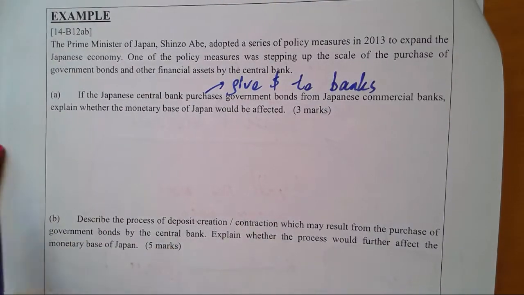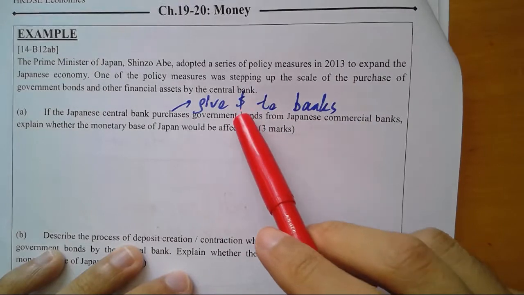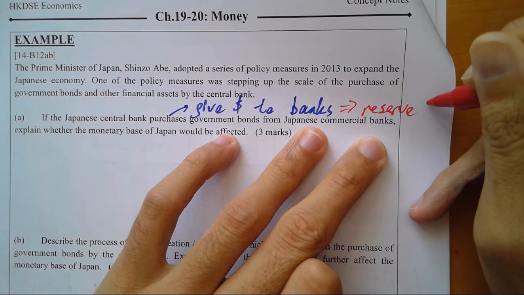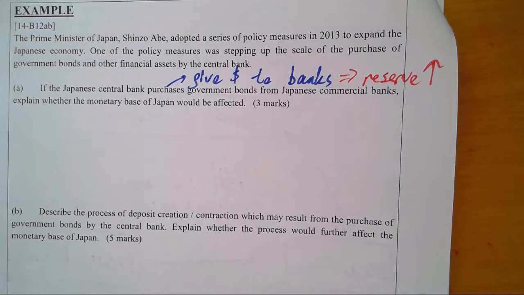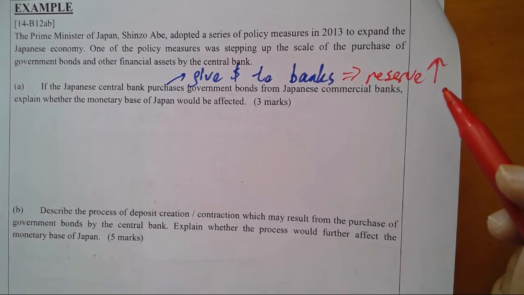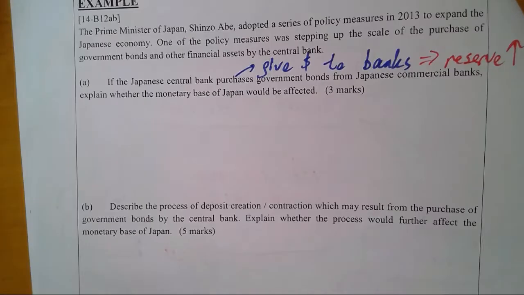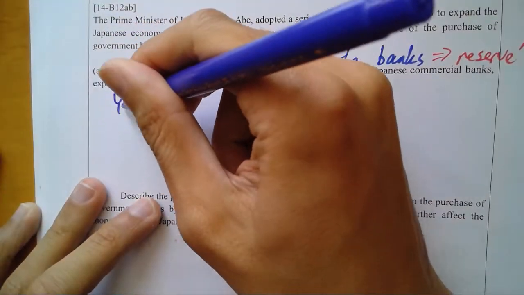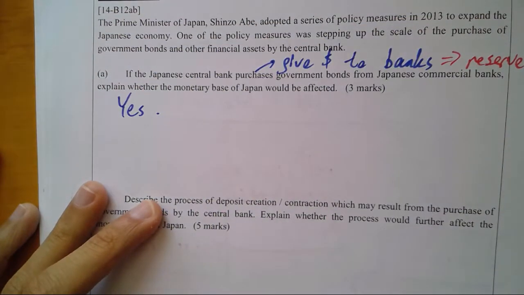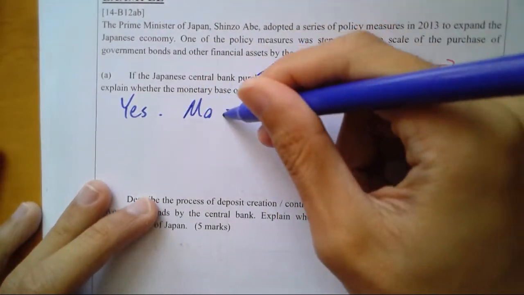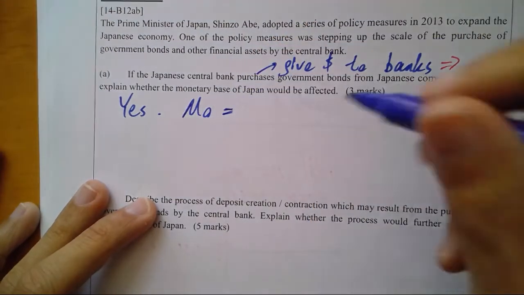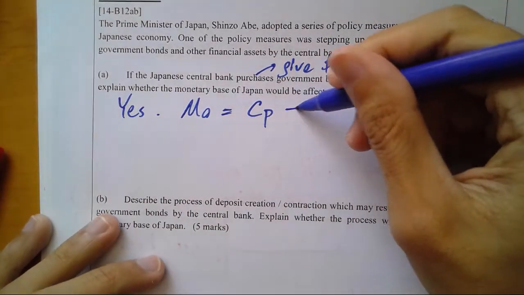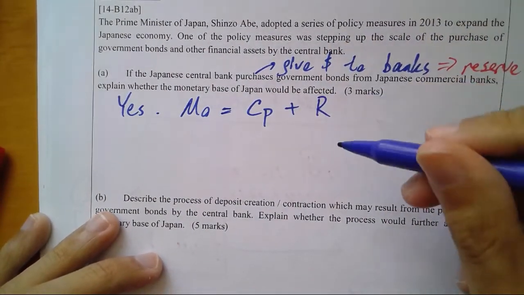咦？佢真係俾咗現兜兜嘅錢，this is physically existing money given to banks. What does that mean? It means that the reserve of banks would go up. 係咪？即係佢金庫多咗錢咯。Okay, now therefore, explain whether the monetary base would be affected. Yes. Now, how would it be affected? Remember, monetary base in the previous video we talked about is cash held by public. 我現兜兜揸住錢，加埋銀行現兜兜嘅錢 reserve, right?